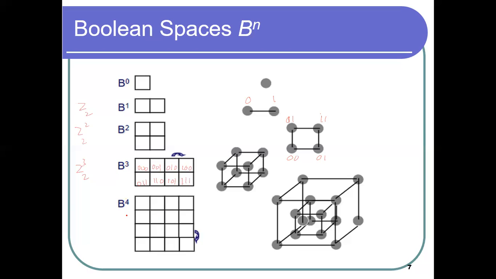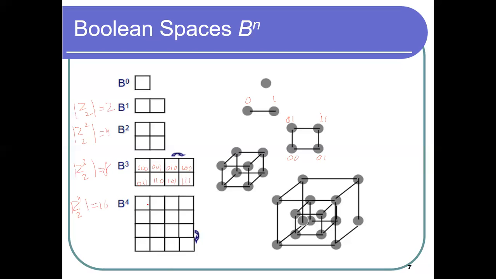So this is again four-dimensional. You can call it Z2 4. So it has a cardinality, which is how many elements it has. The cardinality of this is 16, the cardinality of this is 8, this is again 4, and the cardinality of this is 2.